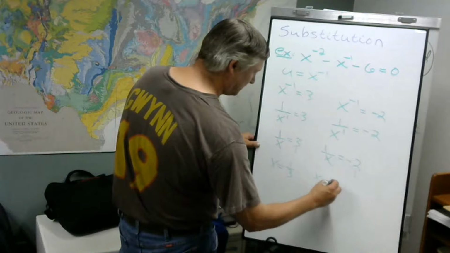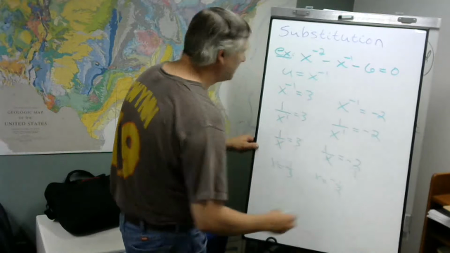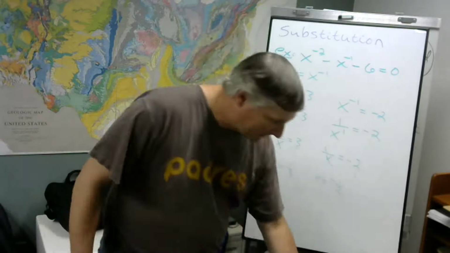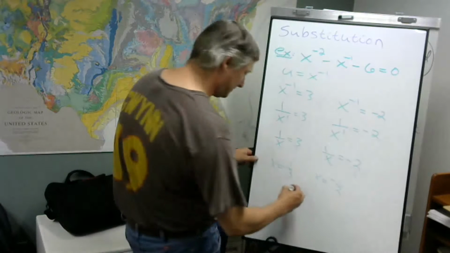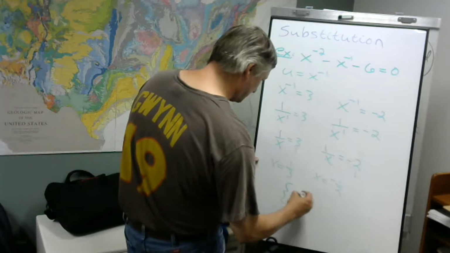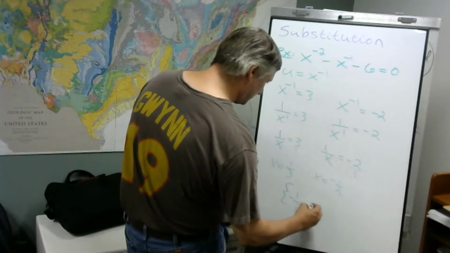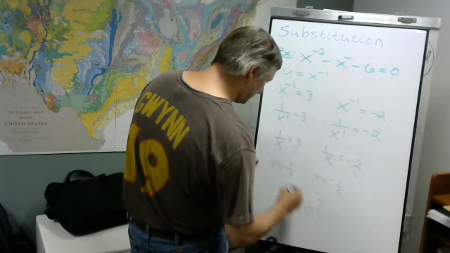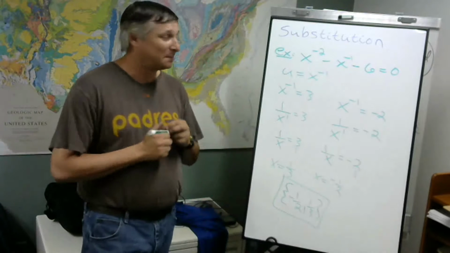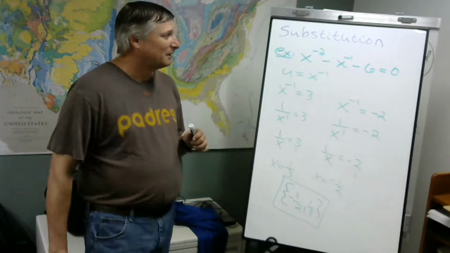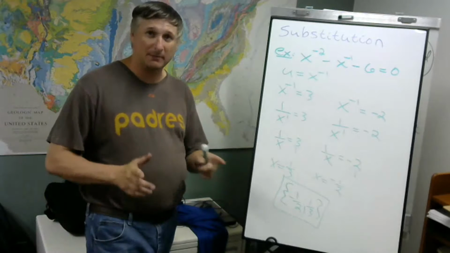Flip this one: x is -1/2. And if you check these, they do turn out to be correct. -1/2, 1/3, that's going to be your answer. Questions about that? Let me know.